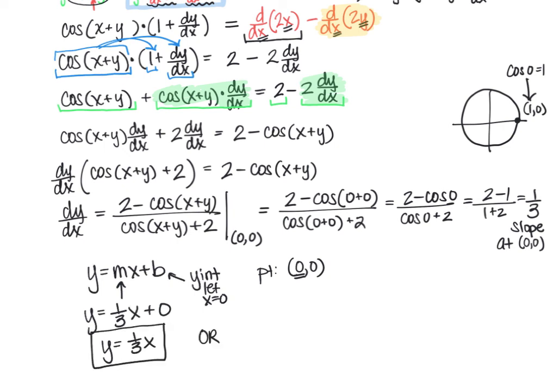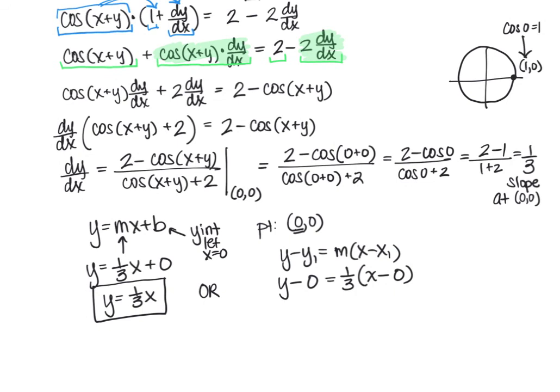Or if you're a person that likes point-slope, you could have also used point-slope form. So again, the y value of the point is 0. The slope is 1/3 times x minus the x value of the point, which is also 0. But we can see that simplifies down to y equals 1/3 times x.